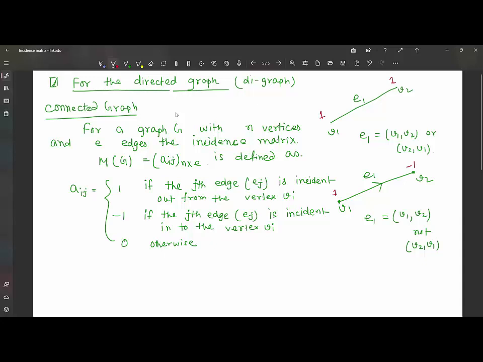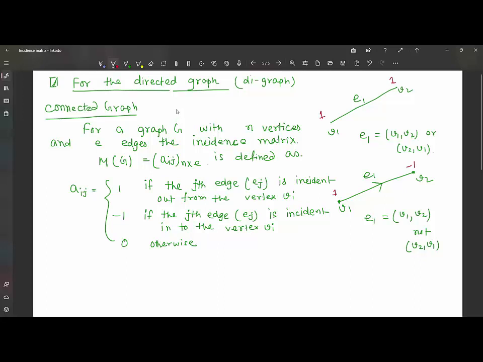If E1 is incident into the vertex V2, then that element will get -1. That is the pattern. Corresponding to E1, one will get 1 and the other will get -1. The vertex from where the edge is coming out will get 1, and the vertex into which it goes will get -1.